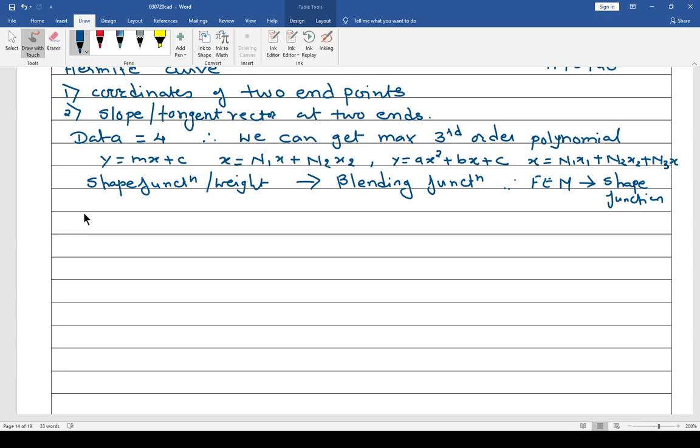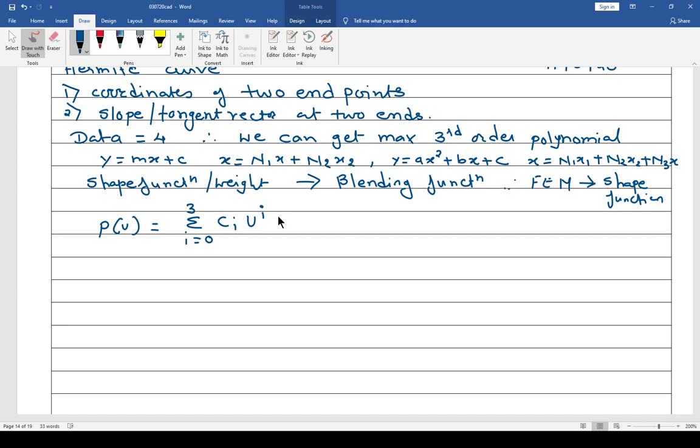So now I am going to get a third order polynomial, and the equation of my Hermite curve is P of u equal to summation of i equal to 0 to 3, because max third order polynomial, C of i, u raised to power i, where u is the parameter.